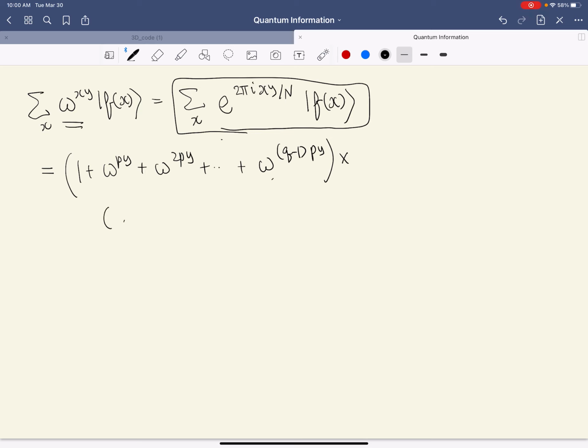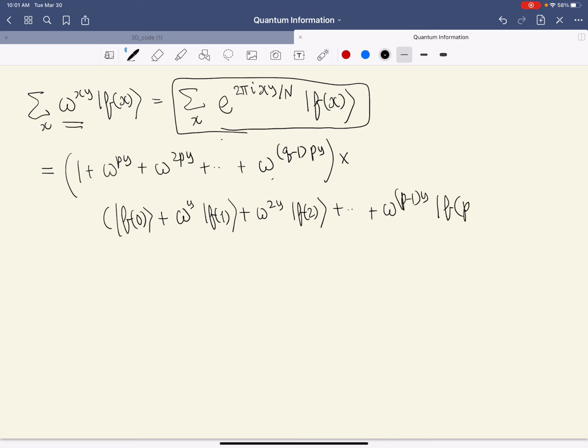Times, and the key thing here is that now the argument of this function can go no further than p minus 1, because once the argument exceeds p minus 1, then that function becomes equal to one of the earlier values because of the periodicity.